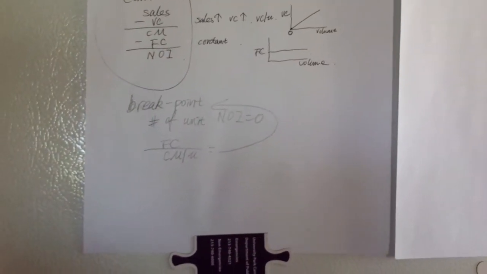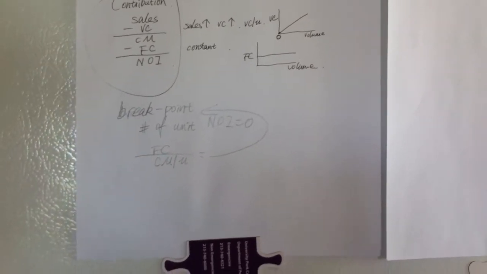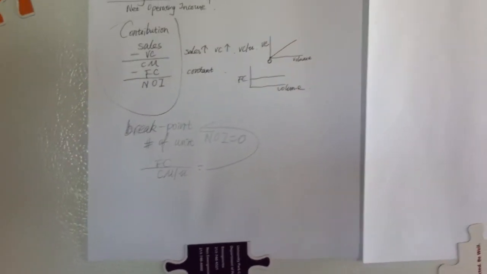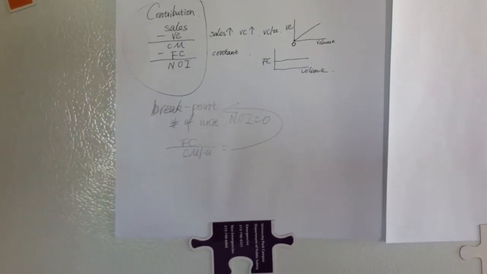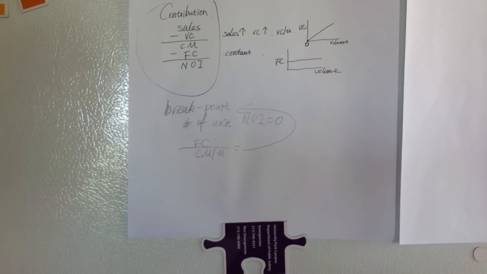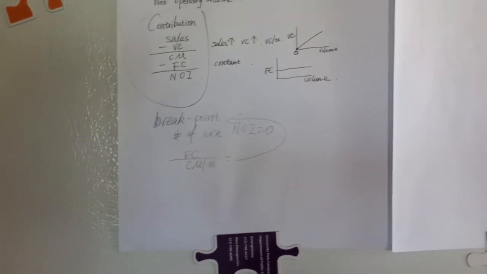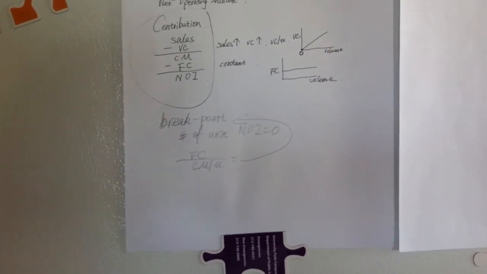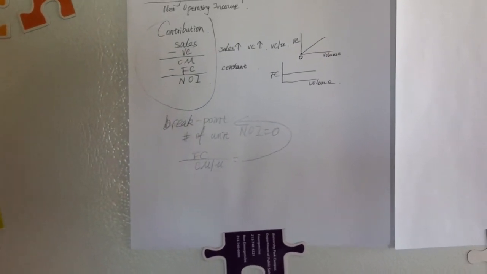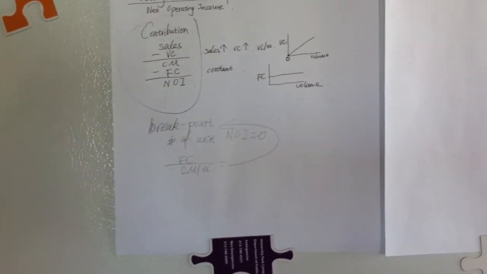Okay, now let's do a problem. Alpha sells desktop computers for $500 each. Each desktop has a variable cost of $250 per unit. The company's monthly fixed expenses are $600,000. What's the company's break-even point in units? Now it's very easy.